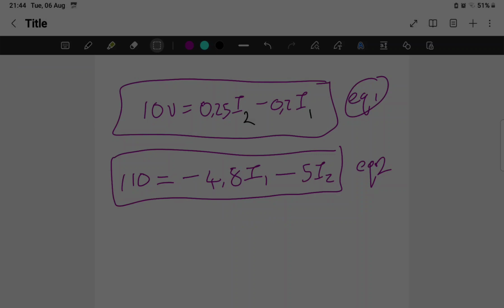So now 0.25 multiplied by 20. Okay, so now we're going to multiply by 20.